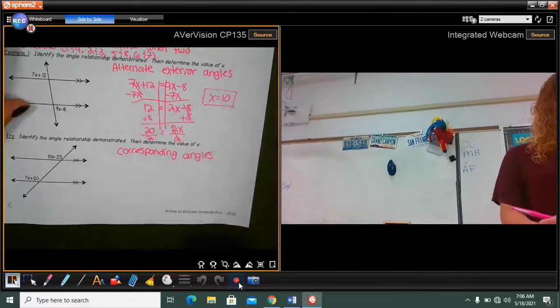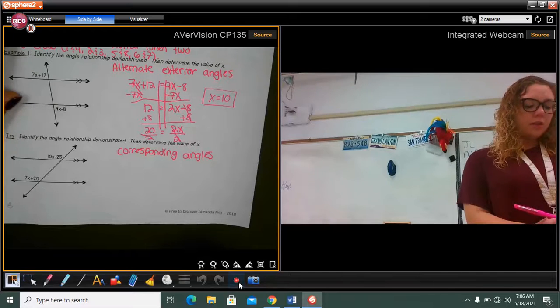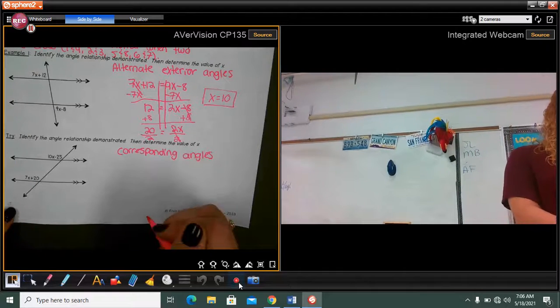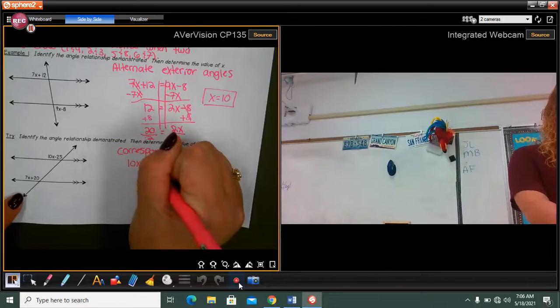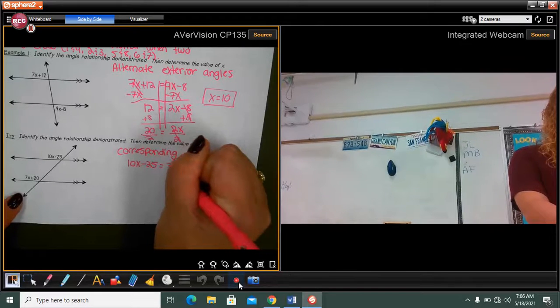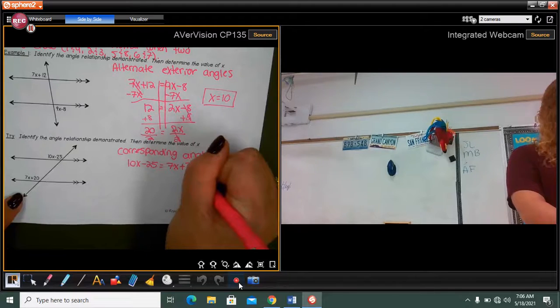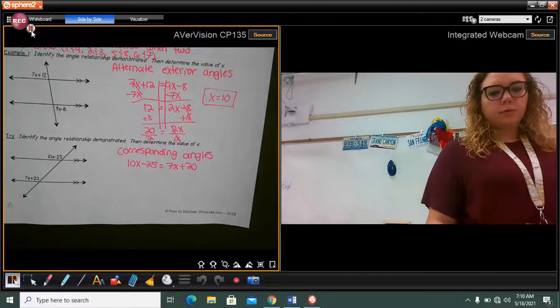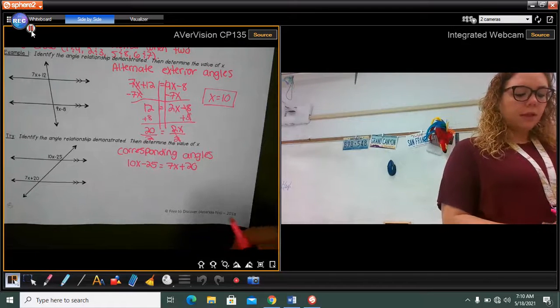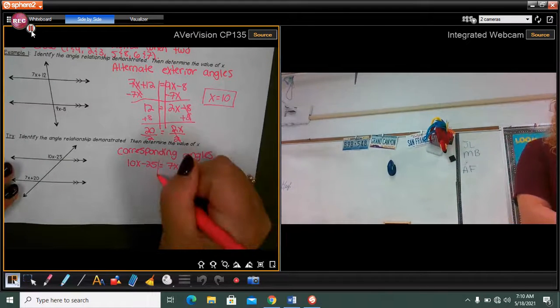And again, corresponding angles are congruent. So to solve for x, I'm going to set them equal to each other and solve for x. So again, we're going to combine like terms.